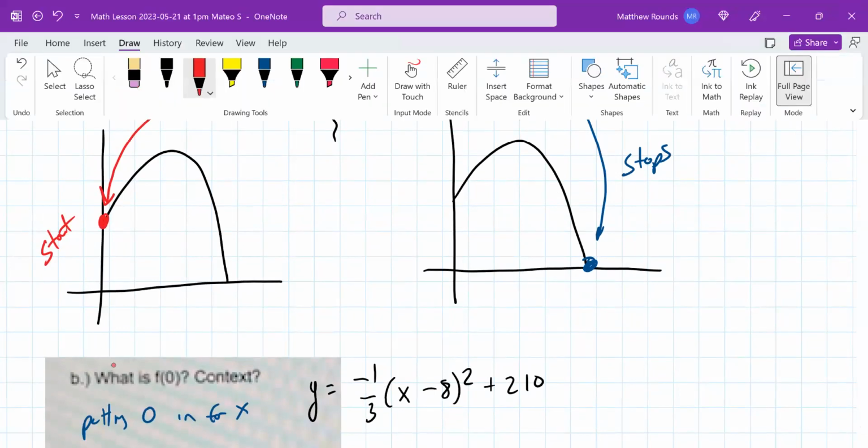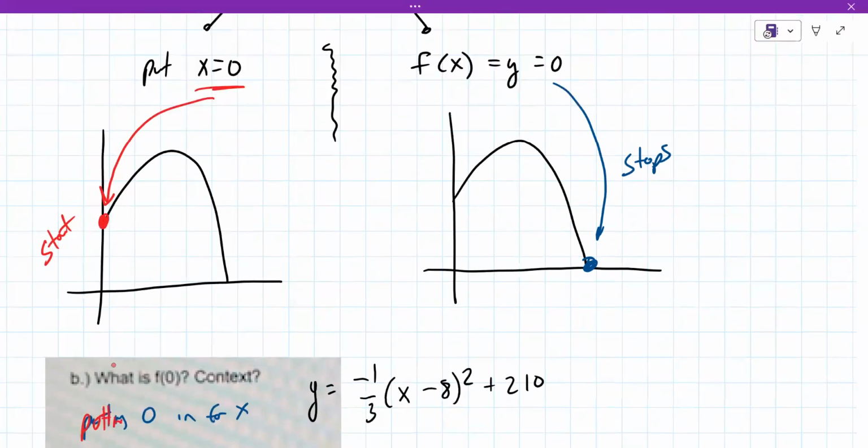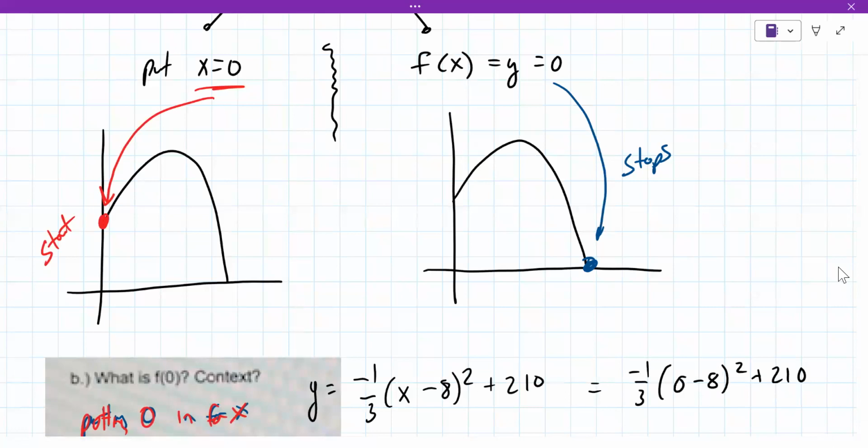Actually, maybe make this red here. So to do that, it's -1/3, like you said, 0 minus 8 squared plus 210. All right, could you simplify that for us, please, as best you can?